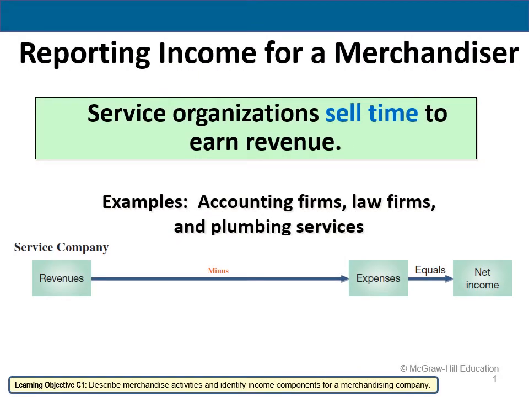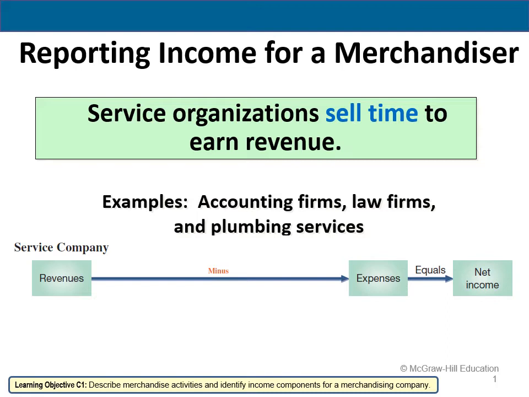Okay, so in chapter 4, we're introducing the concept of accounting for a merchandising operation. You may have noticed most of the examples that we've worked to date have been for service companies. When we record revenue, it's typically service revenue. So we are introducing the concept of a merchandiser.